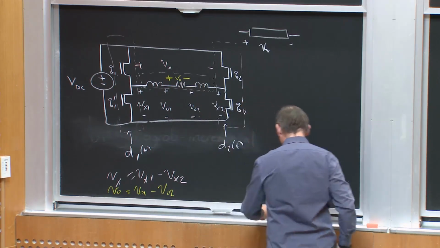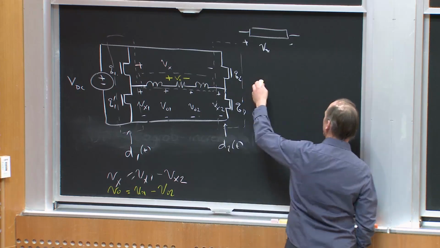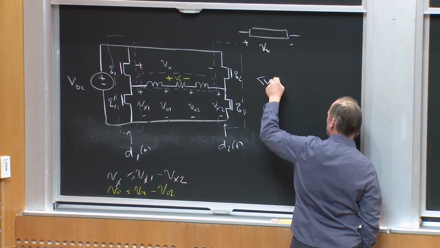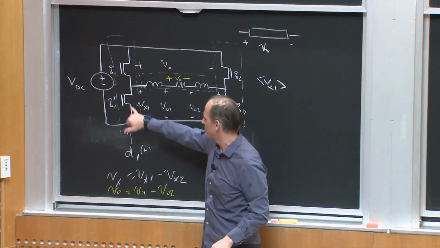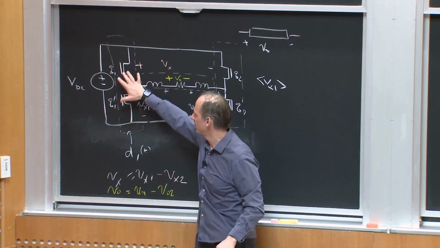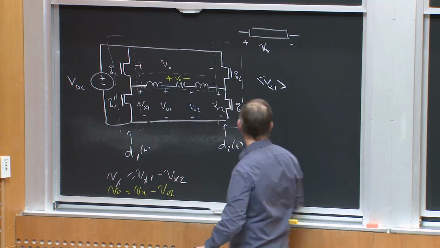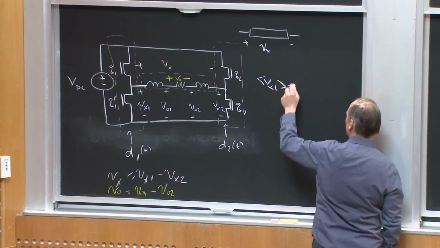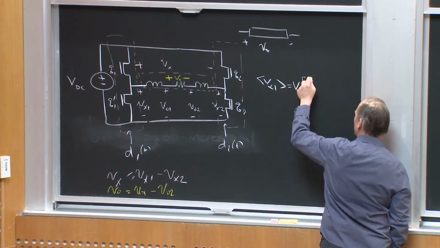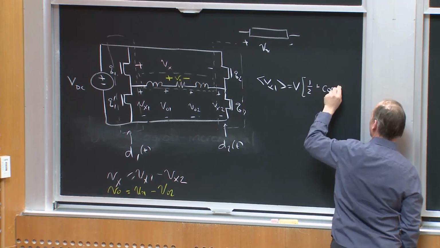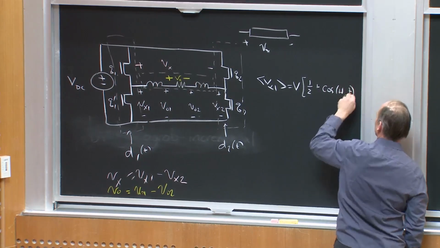So for example, if I made the average value of Vx1, which I get to control anywhere between 0 and VDC by how I switch these switches over a PWM cycle, I could make that equal to V times (1/2 plus 1/2 cosine of omega_AC t).